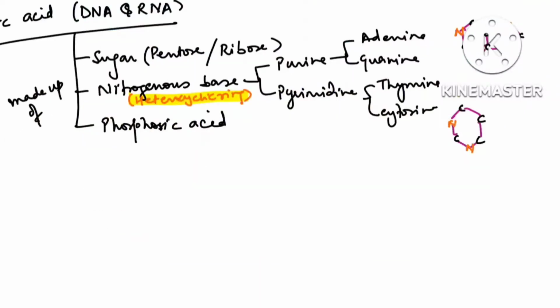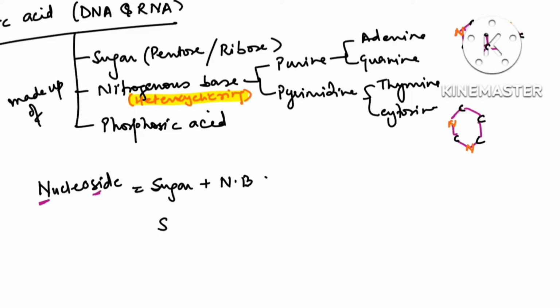When sugar is combined with nitrogenous base, you call this a nucleoside. Nucleoside. How to learn? Sugar and nitrogenous base.